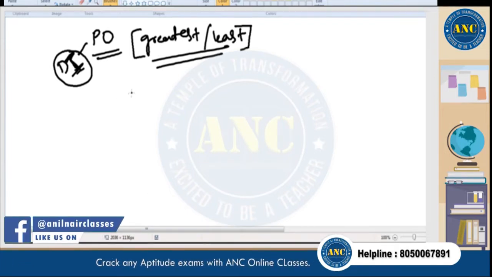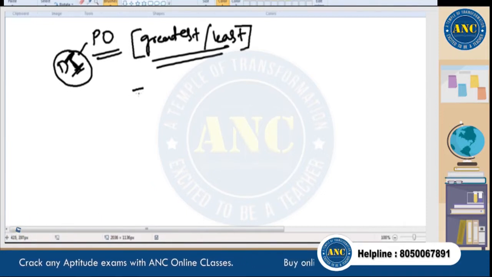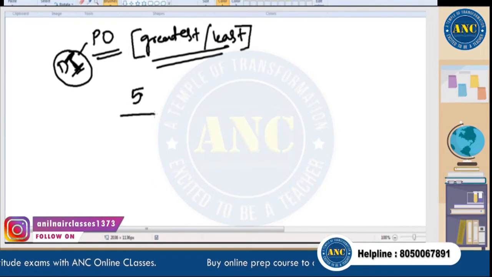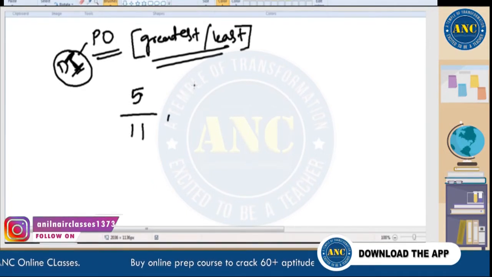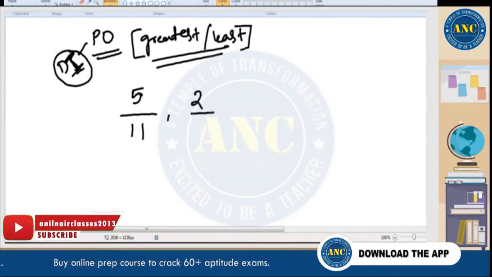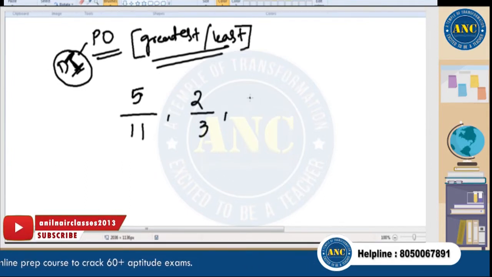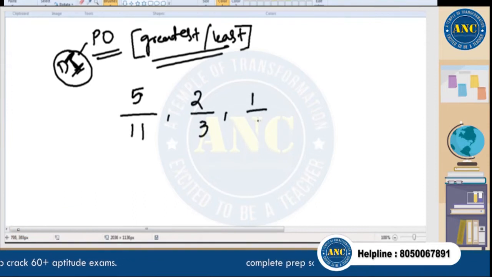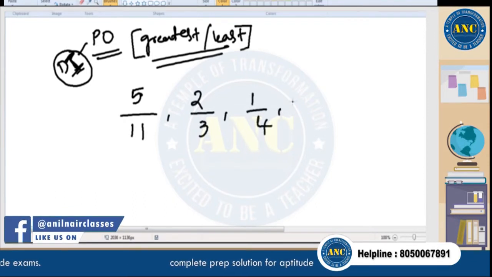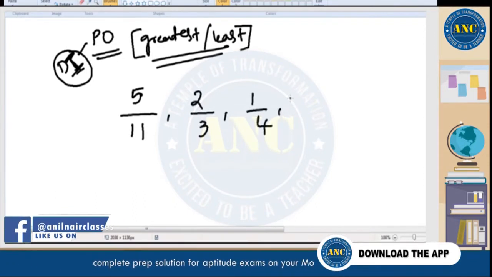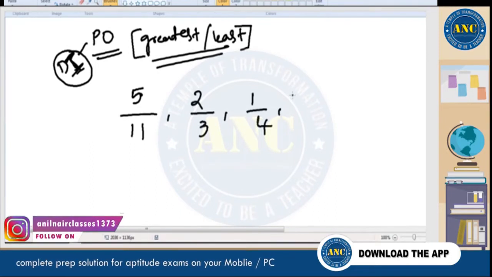Suppose I am taking the numbers like this. I got one number as 5 by 11. Let it be 2 by 3. 1 by 4. I'll give you 5 to 6 options. I need the greatest one and at the same time the least one.